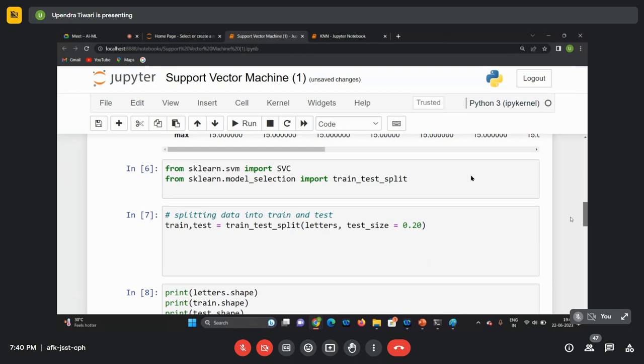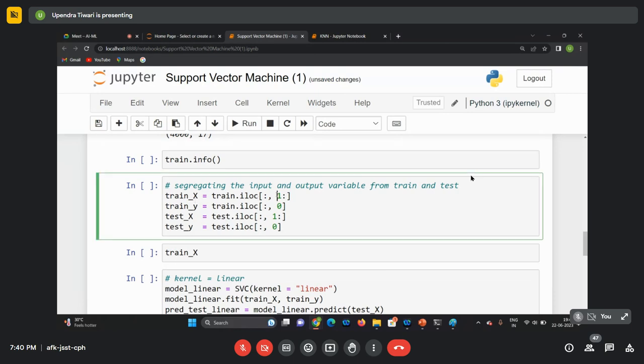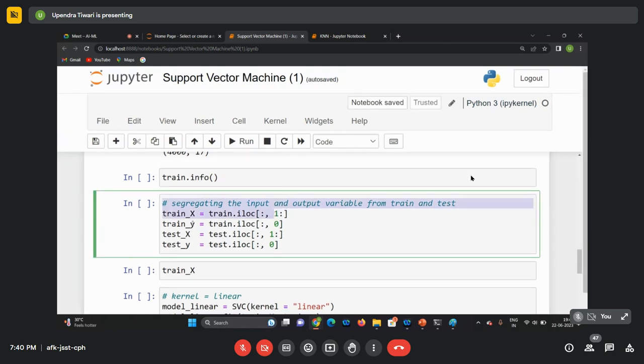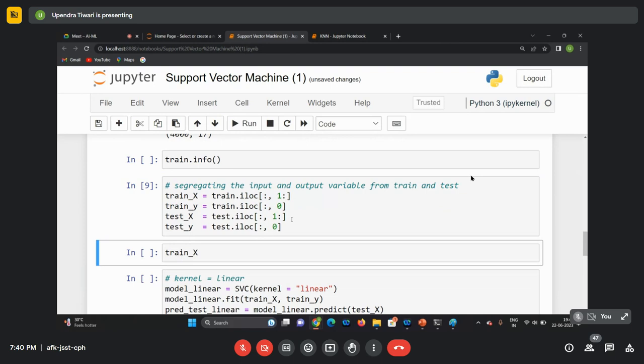That is why in X you have taken all the columns starting from index number 1, while in Y we are taking the 0th index column. Okay.